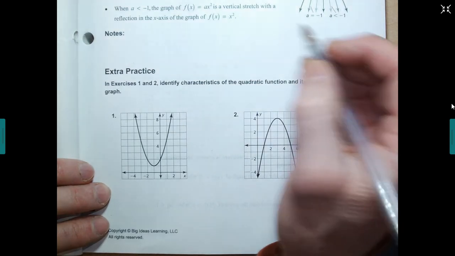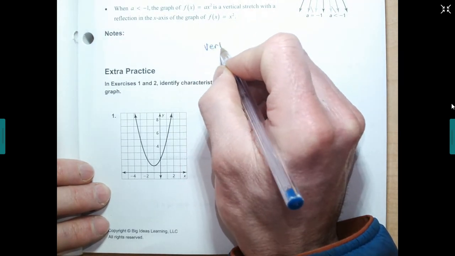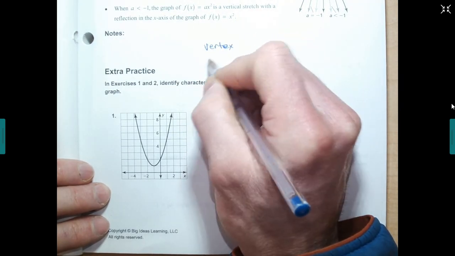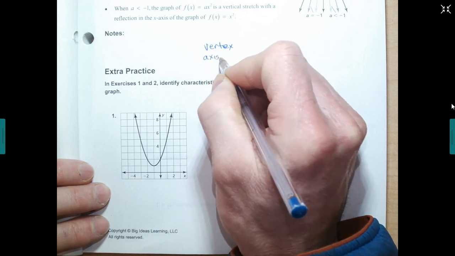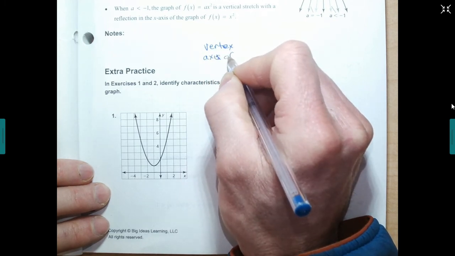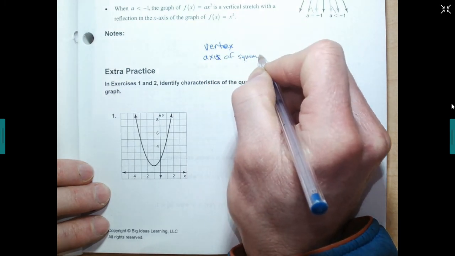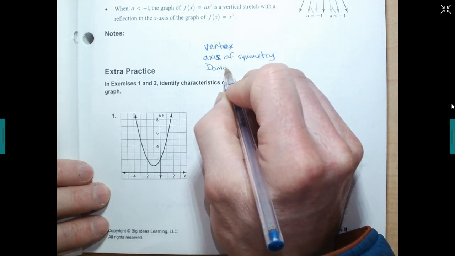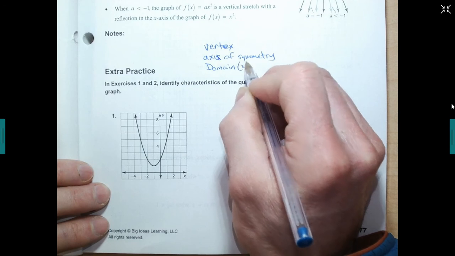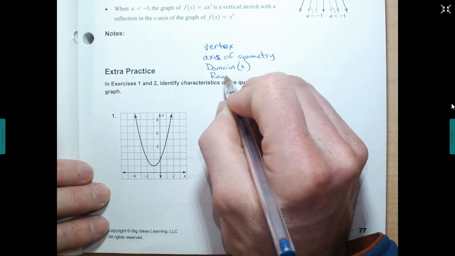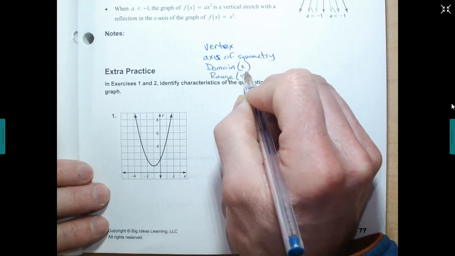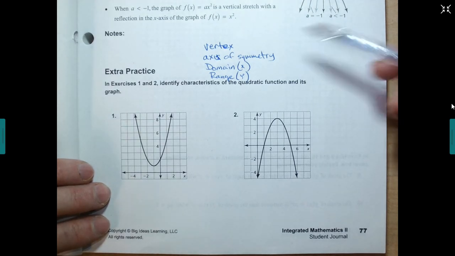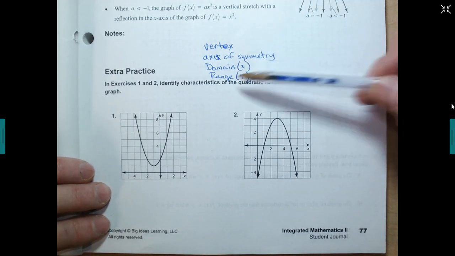You're going to identify the vertex, the axis of symmetry, the domain, which is the x values, and the range, which is the y values. You're going to identify vertex, axis, domain, and range.